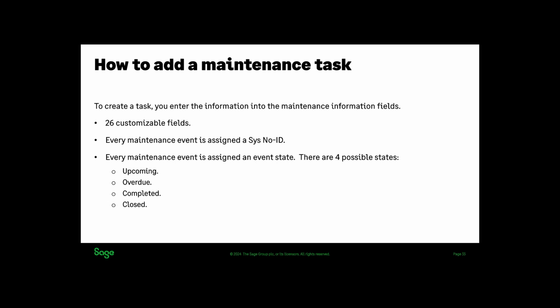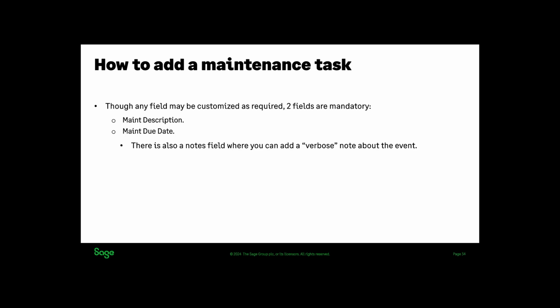Now, remember I said that you've got 26 fields? 2 of these fields are mandatory. And so you must enter a description. You must also enter the due date. That's mandatory. Now, you could customize other fields to be mandatory as well, but these 2 are mandatory right out of the box.